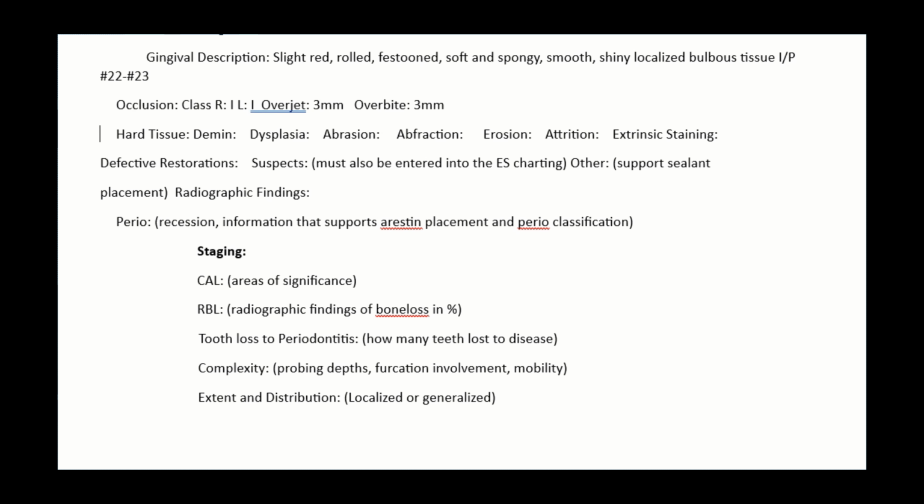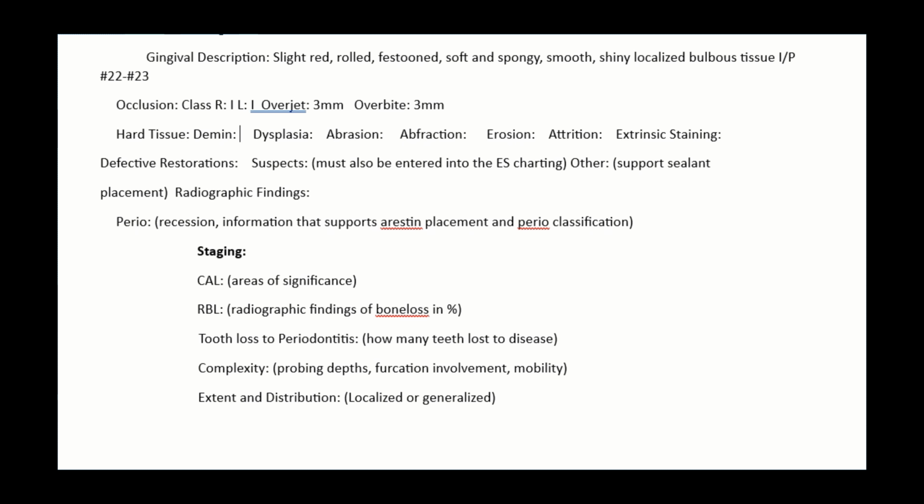For the hard tissue, we want specific teeth. However, please take note that if the patient has 30% or more in their mouth of what we're looking at, we can generalize it. So say, demineralization, I'm looking in the mouth, and there's 30% of the teeth that have demineralization.